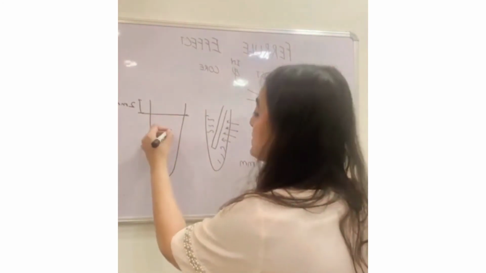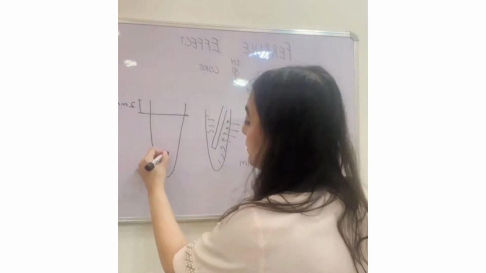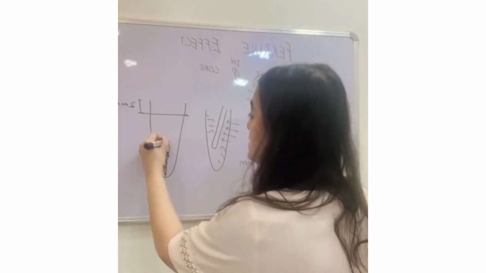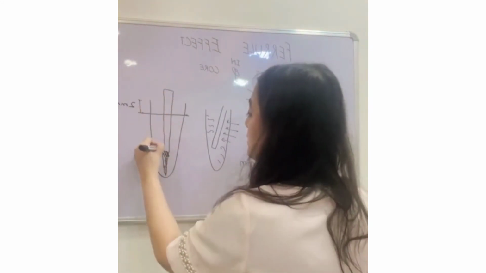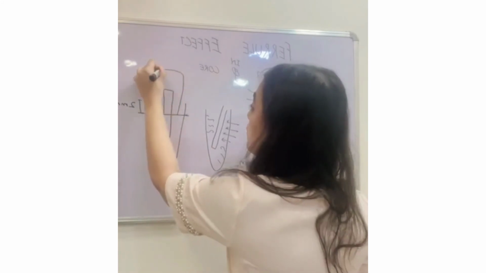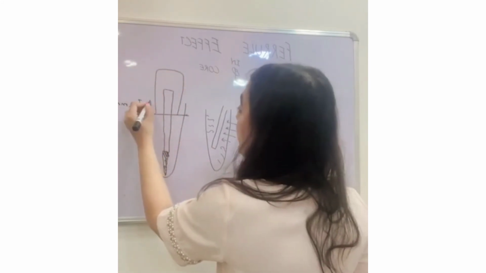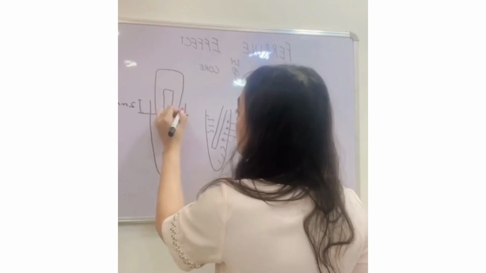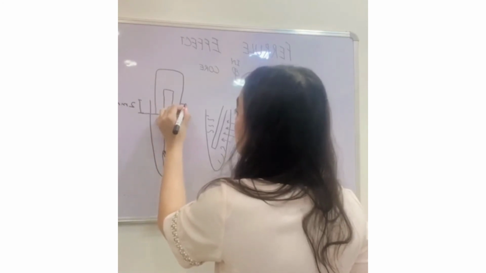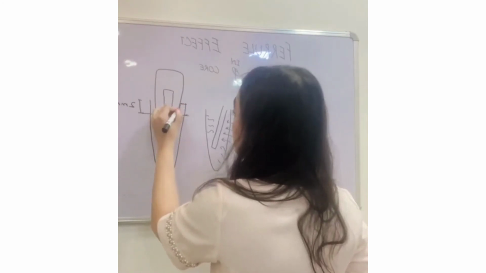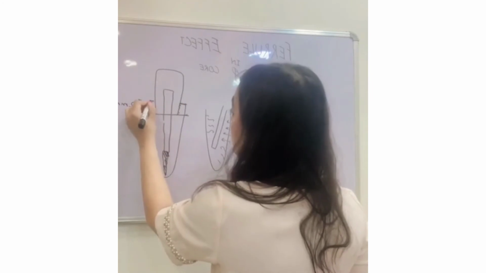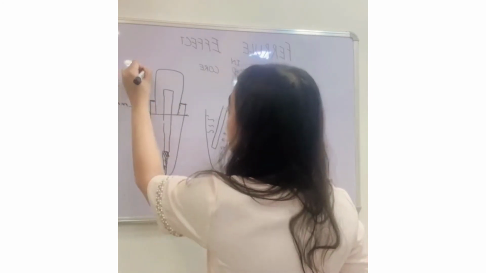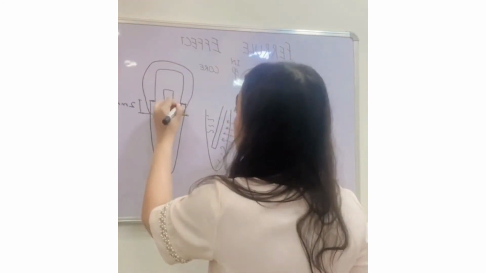So you are going to shear off here. This is your post, this is your core, and the margin that you are going to create around for the crown is going to be this.